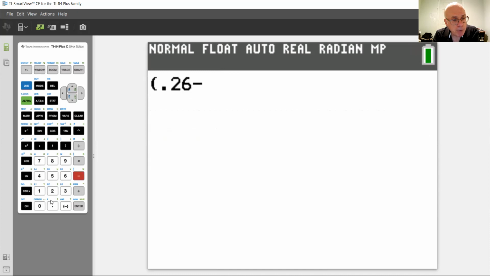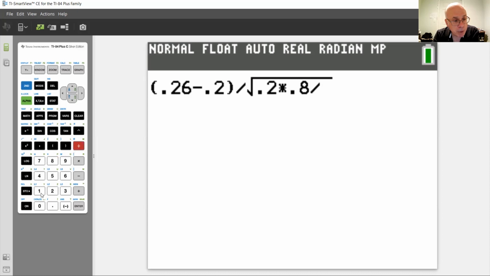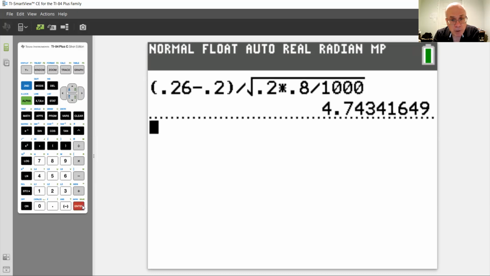And our hypothesized proportion is 0.2. Our denominator is going to be the square root of, again, the hypothesized proportion times 1 minus the hypothesized proportion divided by the sample size, which is 1,000. Okay, this is going to be our test statistic.